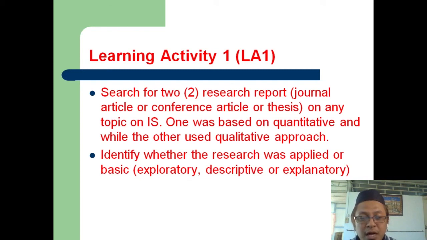Try to identify one research article that uses a quantitative research approach and the other one that uses a qualitative research approach. Maybe you still do not understand the differences between the two, but I will discuss the differences between these two approaches in my subsequent slides in this chapter.